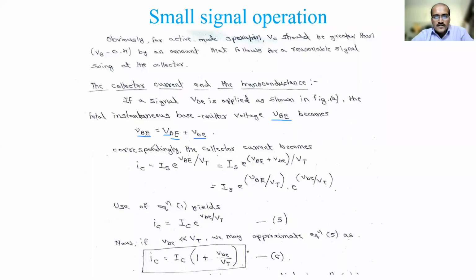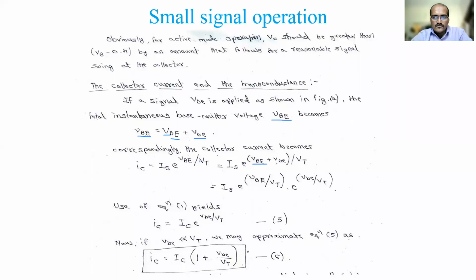Correspondingly the collector current becomes, from the previous DC biasing where we listed 4 equations, iC equal to IS into e to the power vBE by VT. Now we substitute vBE equal to VBE plus vbe.